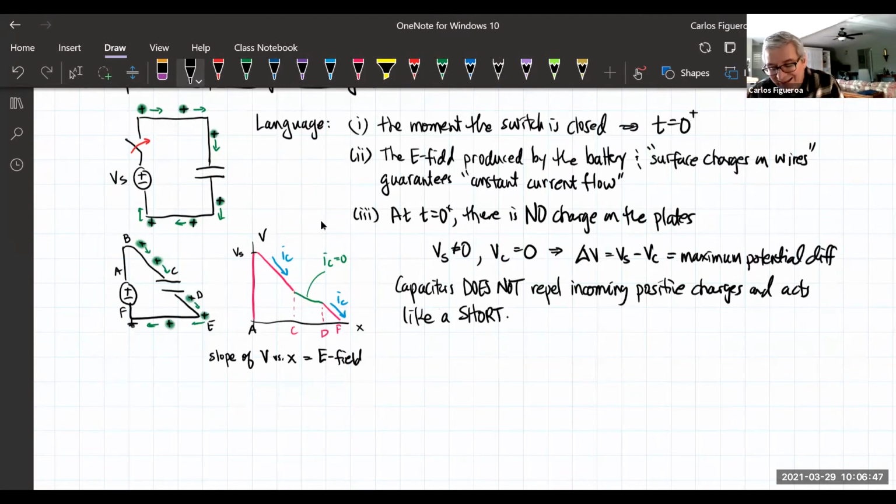So the highest current flow in the circuit is when no charge is on the capacitor.